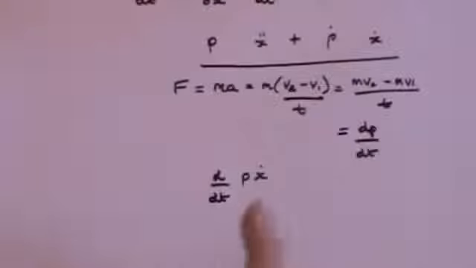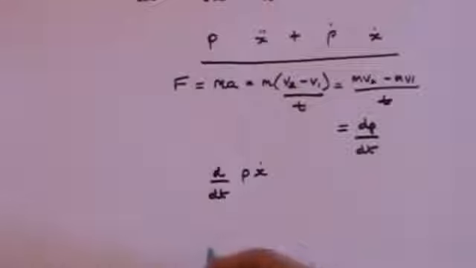Why? Because if you want to do a time differential of a product, you simply take one term and multiply it by the differential of the other, plus the other multiplied by the differential of the first. I'll say that again.